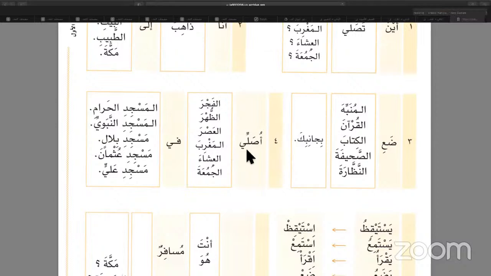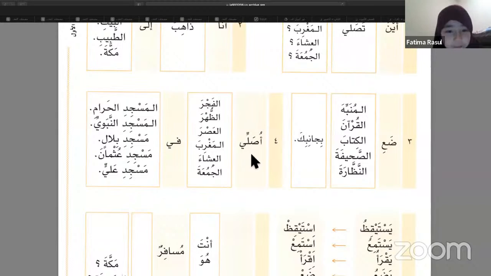Okay, Fatima, let's go. أصلي الفجر في المسجد الحرام. Pray Fajr in the forbidden masjid. أصلي الظهر في المسجد النبوي. Pray Dhuhr in the Prophet's masjid. أصلي العصر في المسجد بلال.